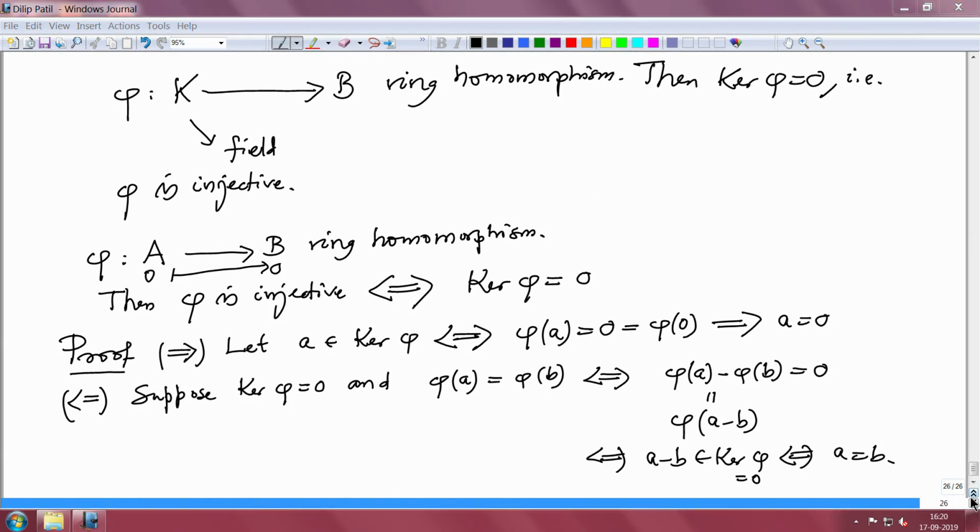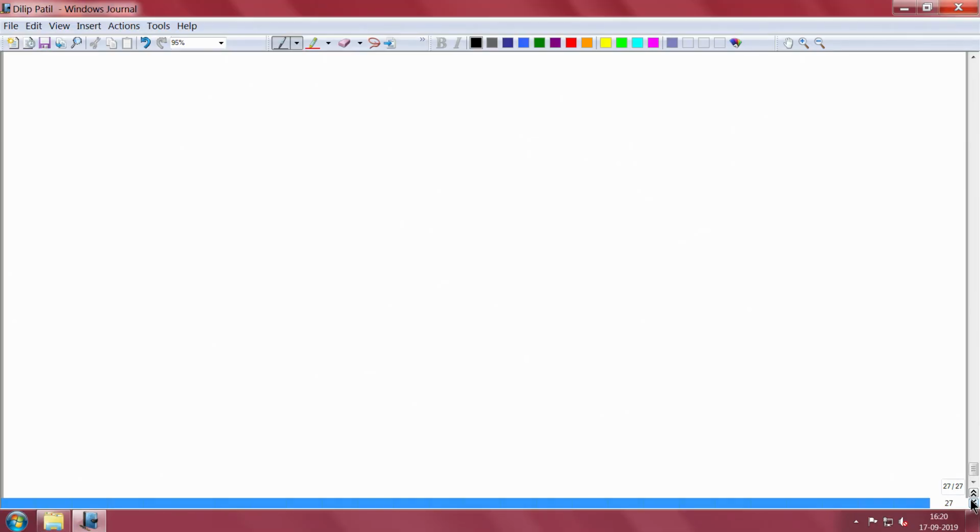Now we have seen the kernel is an ideal in general. Conversely, we will now check that if I have any ideal, then it is the kernel of some ring homomorphism. That means, suppose A is a ring and 𝔞 is an ideal in A. Then I want to define a ring homomorphism from A to some other ring.